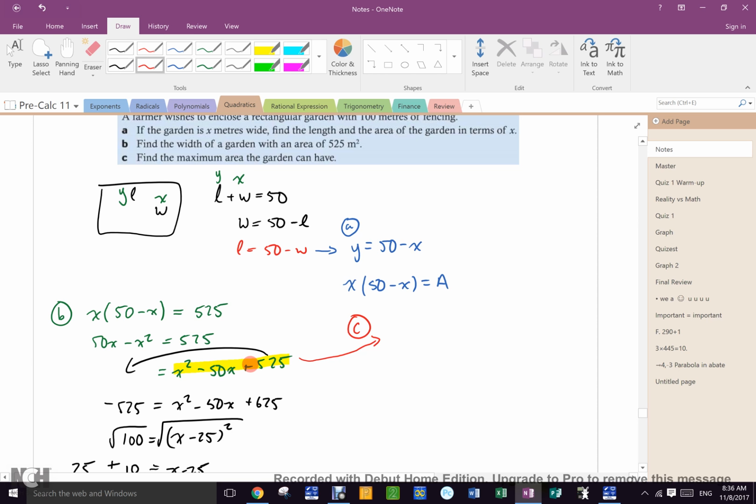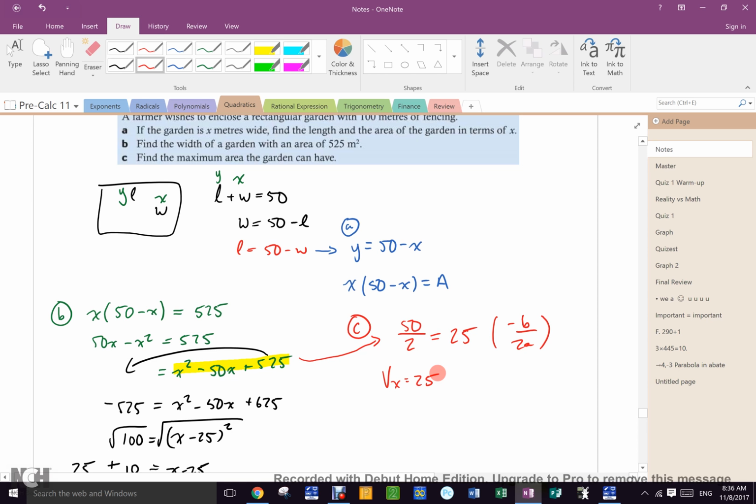Minus b over 2a. So what is that? What's minus b here? 50 over what? 2. What is it? 25. And that was the minus b over 2a. So that means my vertex x equals 25, yes?